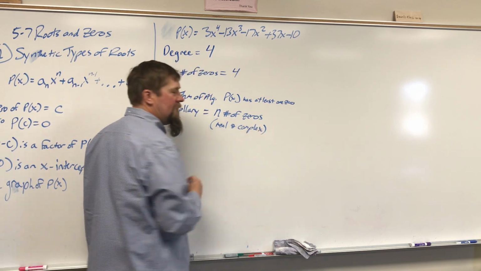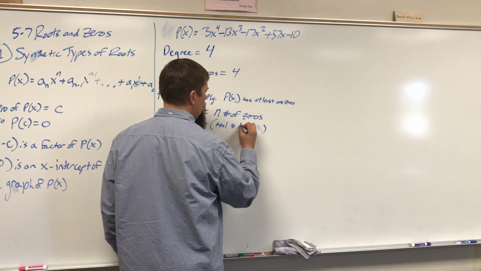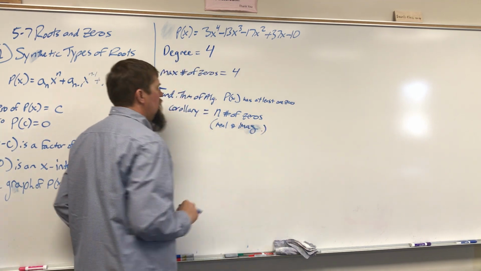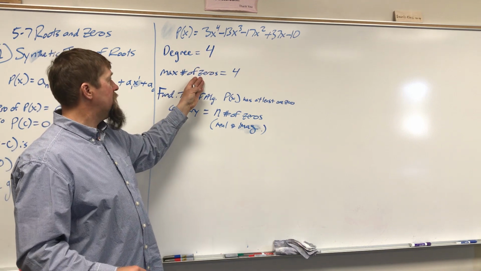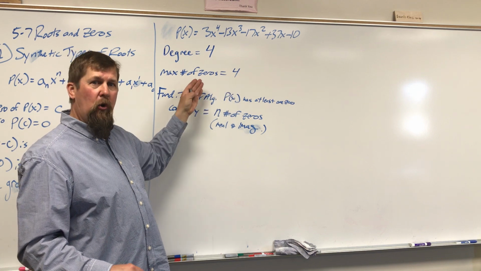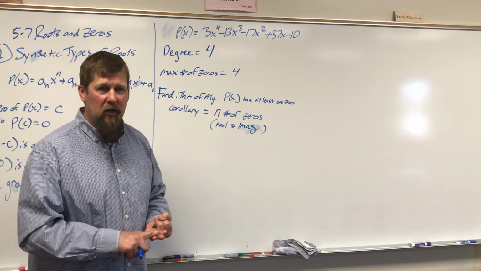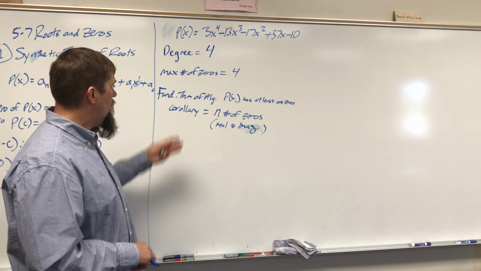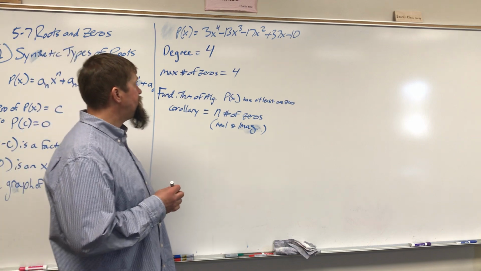Or I should say complex zeros, real and imaginary. So since the degree is 4, we know there's a max number of real zeros of 4, but the total number of zeros, real and imaginary together, is 4, according to the corollary of the fundamental theorem of algebra.